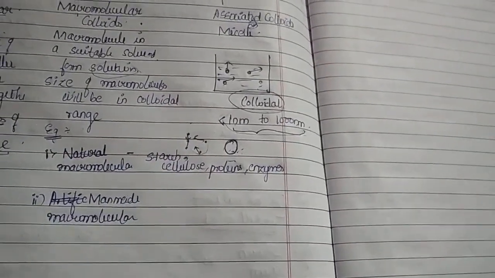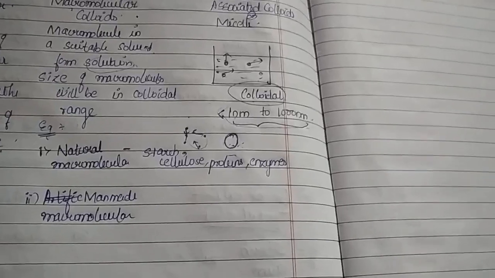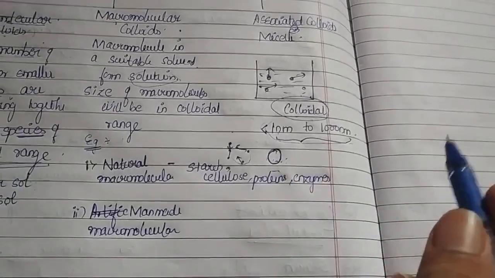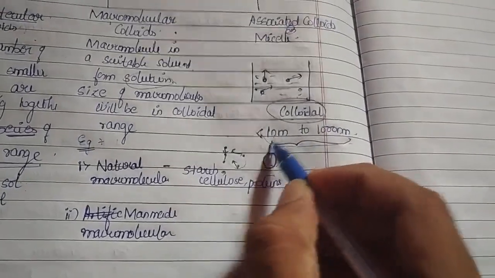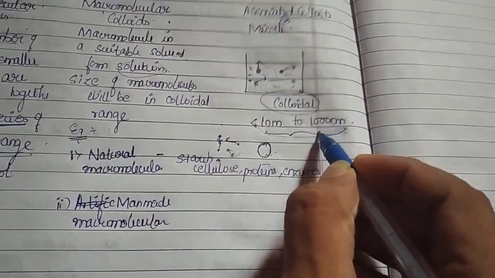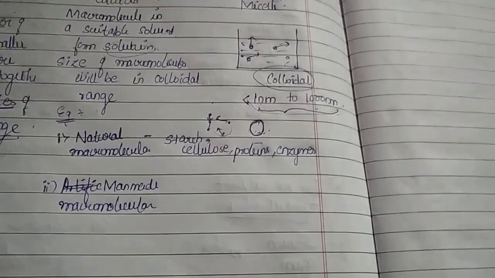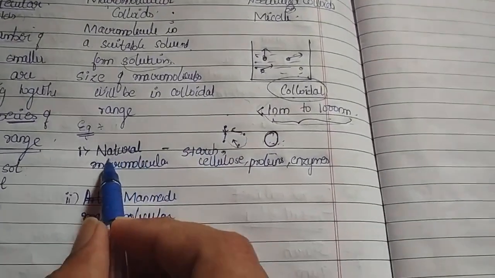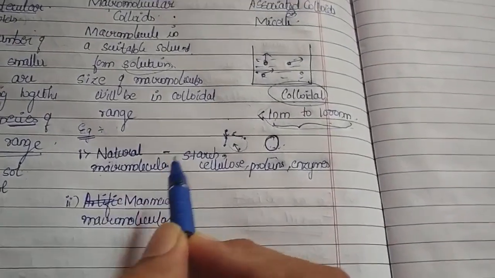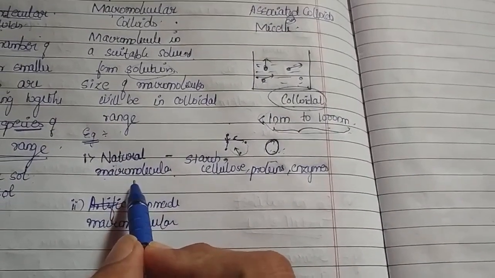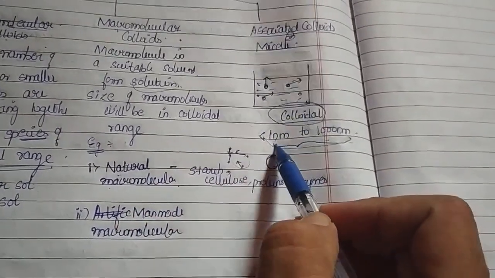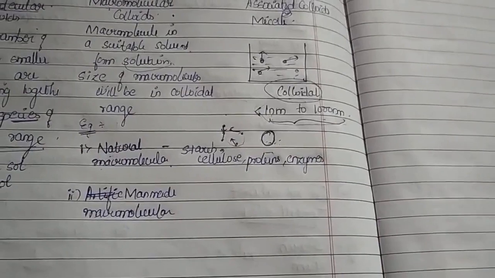But when we consider its monomeric unit, a smaller unit part, it will be in the range of 1 nanometer to 1000 nanometer. Since these are all extracted from or present in our body, this is a gift of nature. It is called natural macromolecules. A single molecule itself has dimensions of 1 nanometer to 1000 nanometer.